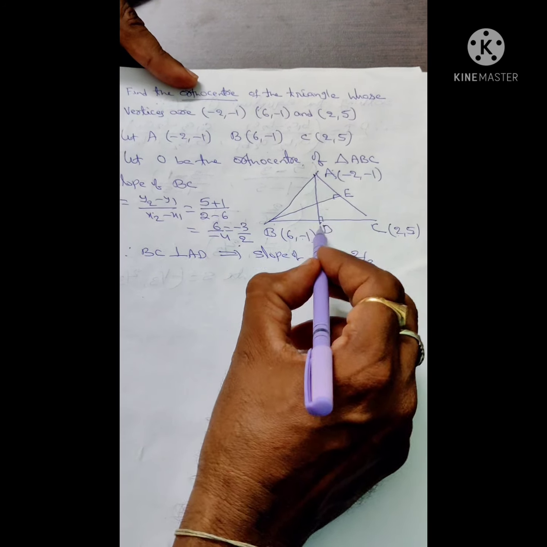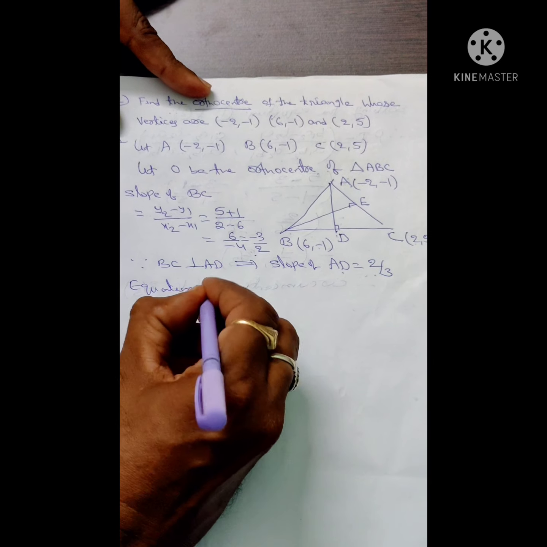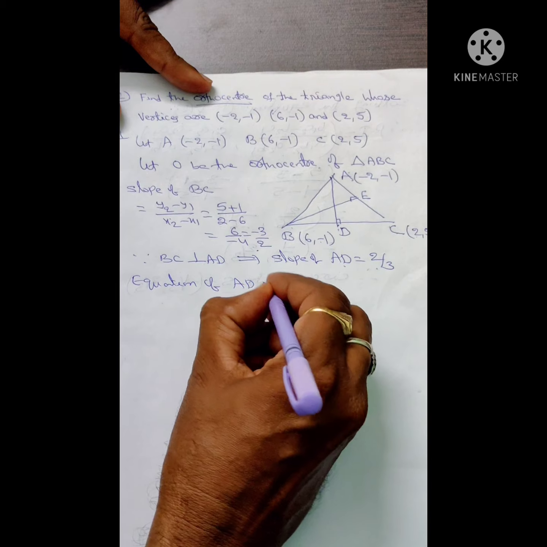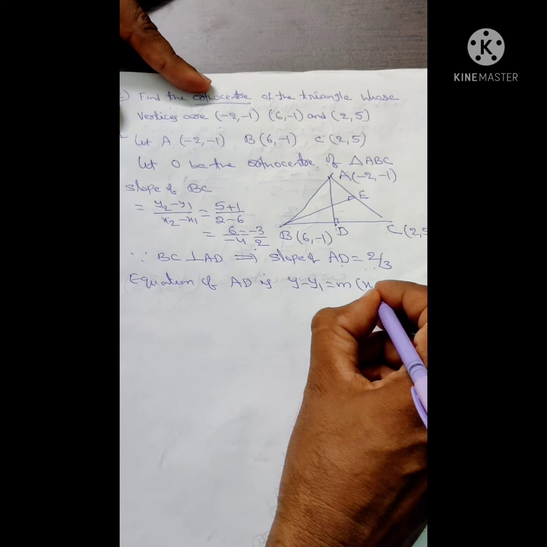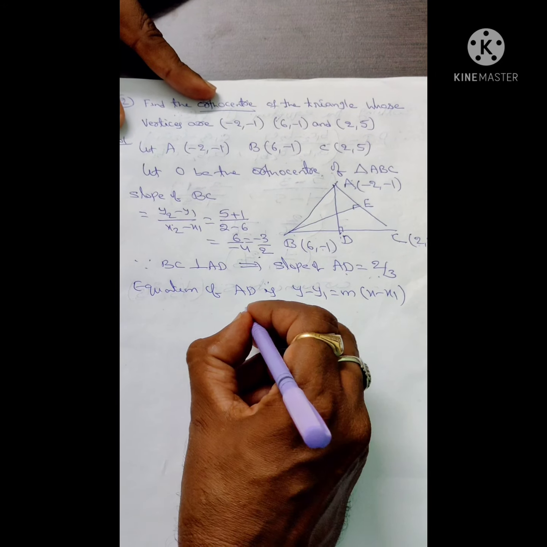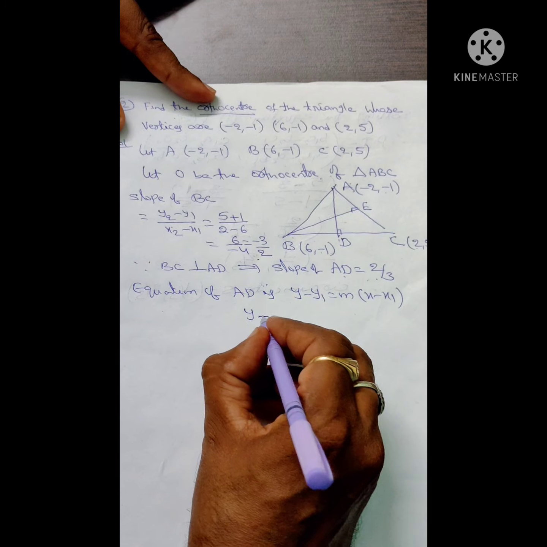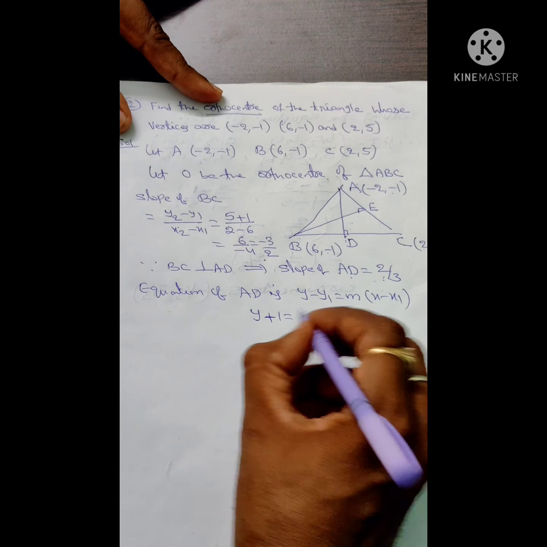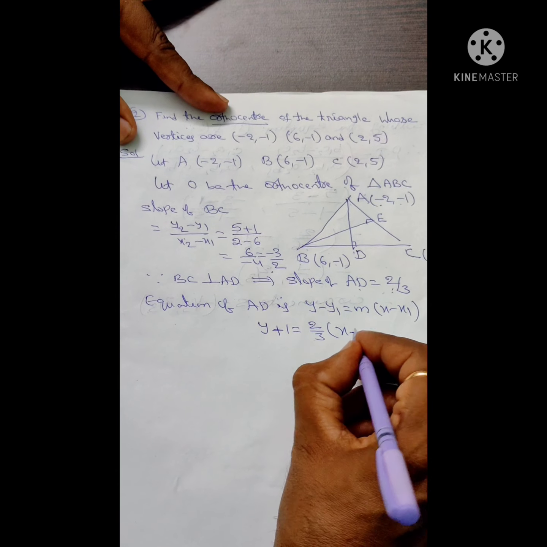Now find out the equation of AD. Equation of AD is y minus y1 is equal to m into x minus x1. That is y minus y1, y1 is minus 1, so plus 1, m slope is 2 by 3, x minus x1, minus minus 2, plus 2.